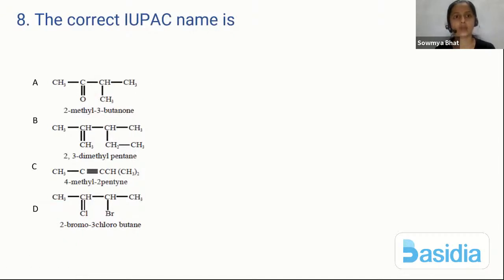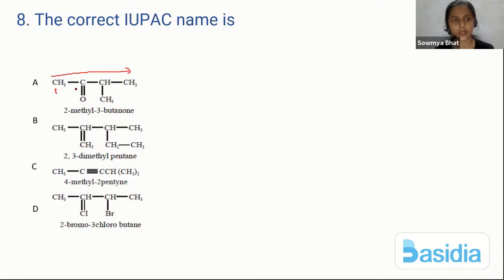The correct IUPAC name is, so the organic compounds are given and their proper names are also given. So the correct IUPAC name is what you have to select. Let's go to the first, 2-methyl-3-butanone. The main chain is this one.